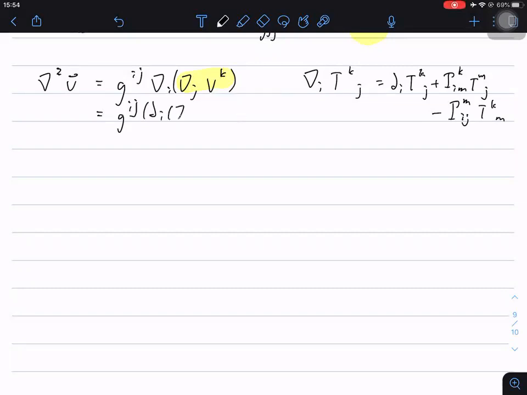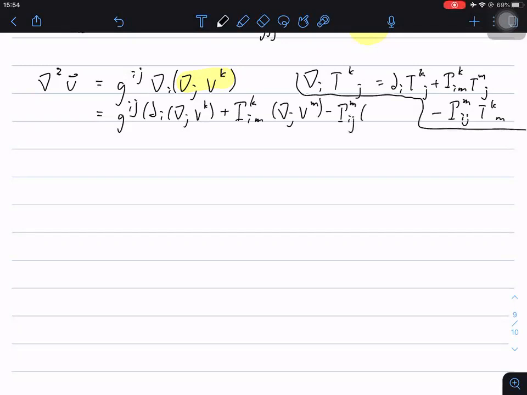So we now have this term, plus this term with indices k and m, minus this term with indices m, i and j.